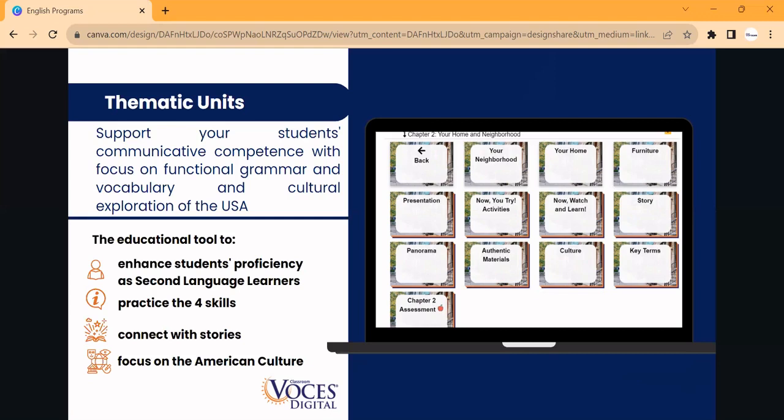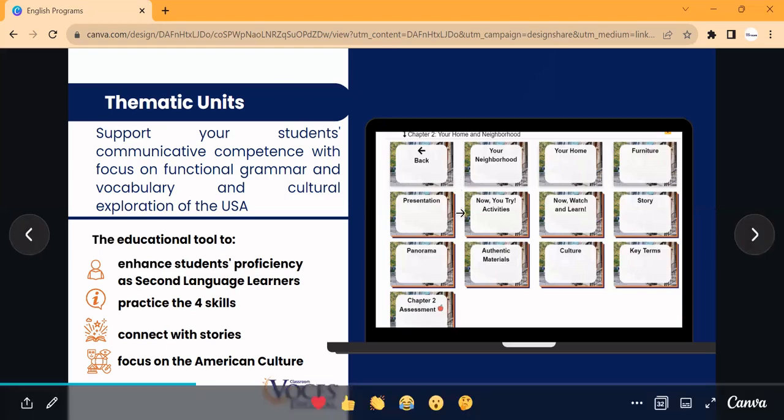So here, first you have the topic, which is your neighborhood, and then we'll cover these subtopics: home, furniture. Then we present these topics in different slideshows. And then we have practice activities, which are the You Try activities, watching and learning.